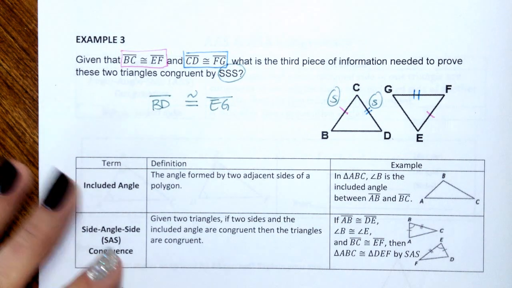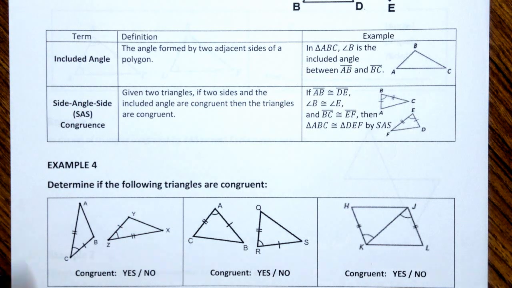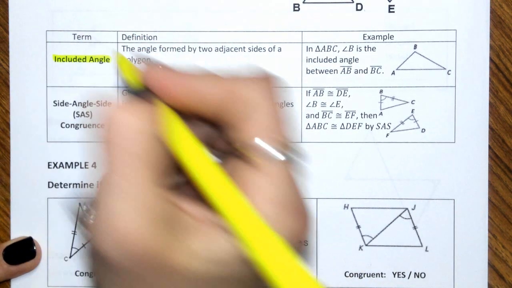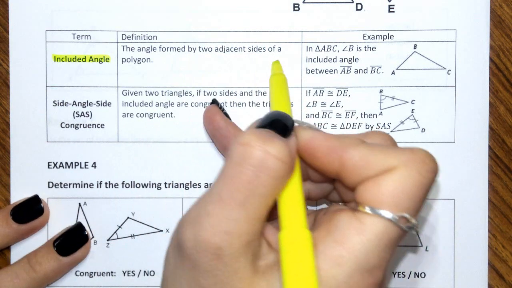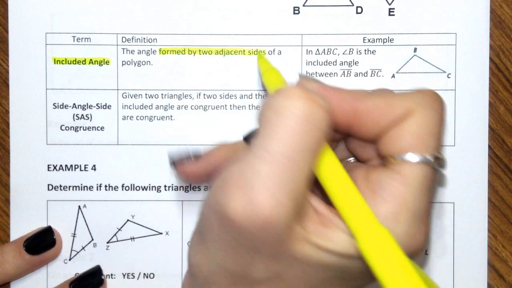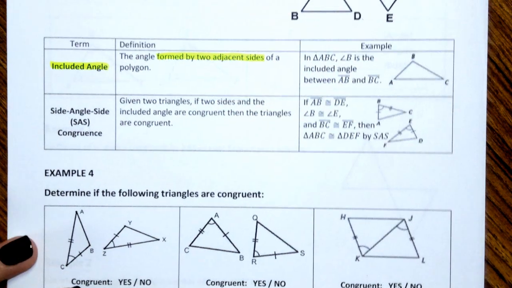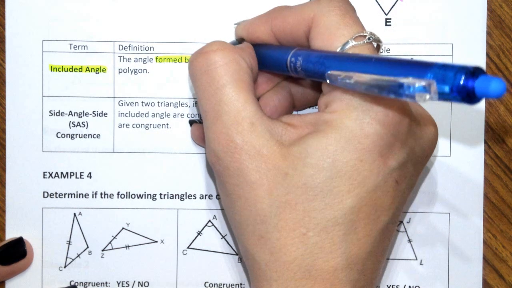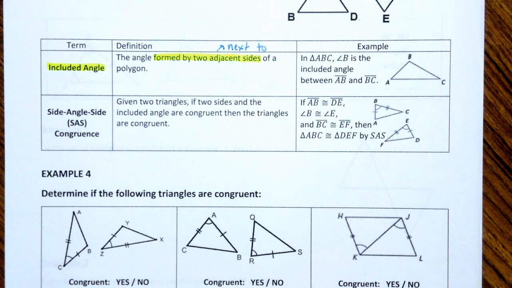Now, the next way of proving congruency we're going to talk about here in a second, but the first thing we need to talk about is what's called this included angle. This is very, very important, okay? When we have an angle formed by 2 adjacent sides of a polygon, we'll just go ahead and highlight, formed by 2 adjacent sides. Remember that adjacent means next to. Okay, you have to remember this, next to. Adjacent is like your next door neighbor, okay?